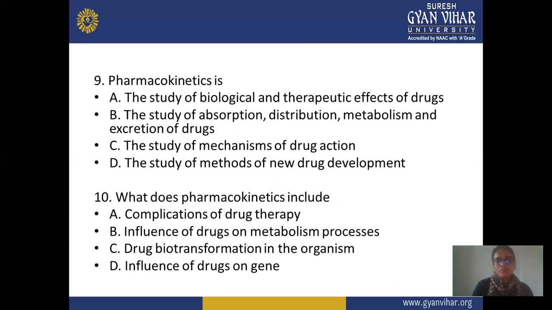Next, the last question, the tenth question. This also includes pharmacokinetic related information. In this, what does pharmacokinetics include? Means which parameters should be included in pharmacokinetics. A is complication of drug therapy, B is influence of drug on metabolism process, C is drug biotransformation in the organism, and D is influence of the drug on genes.